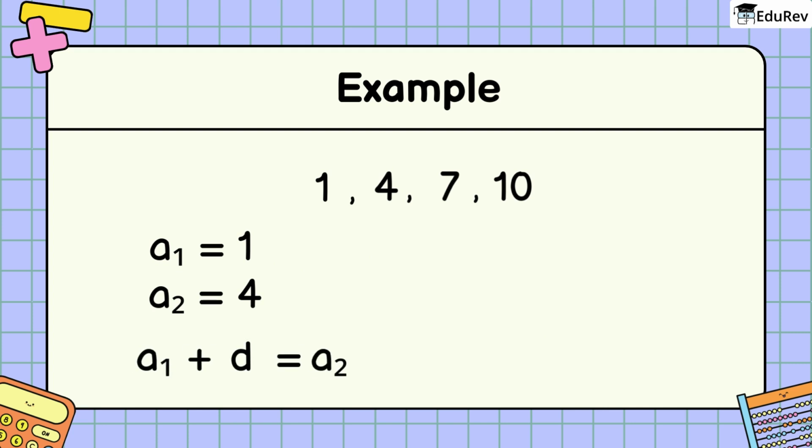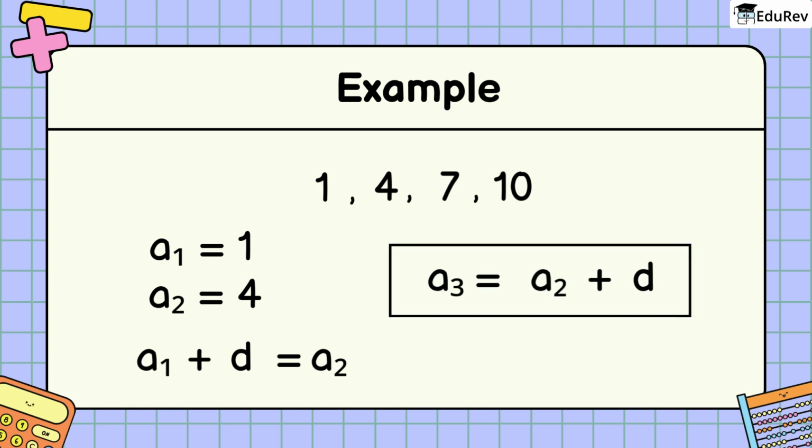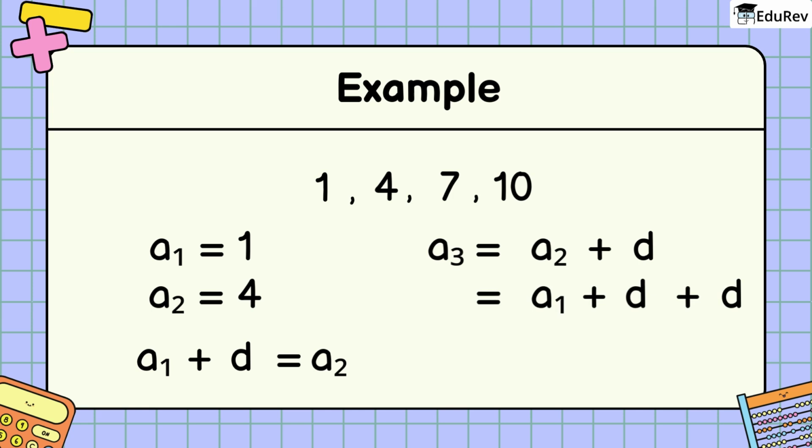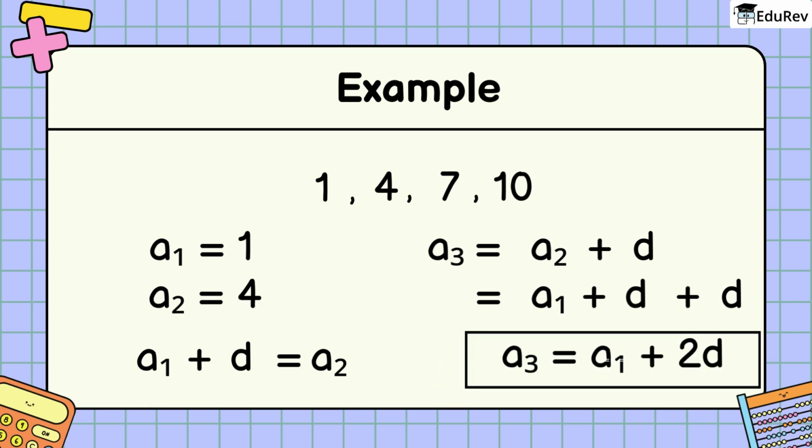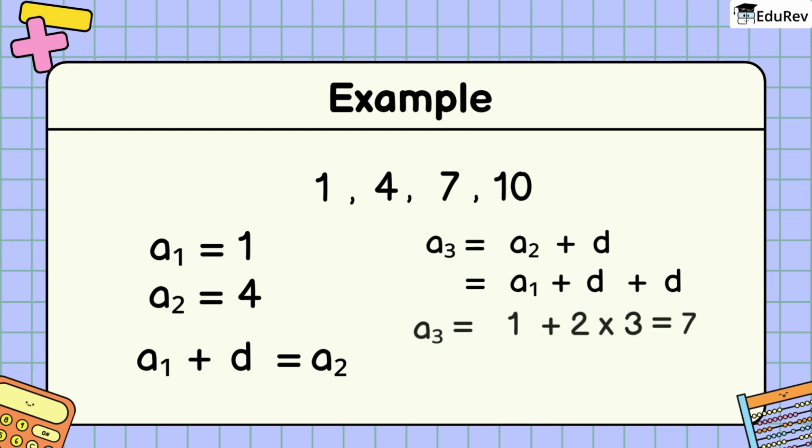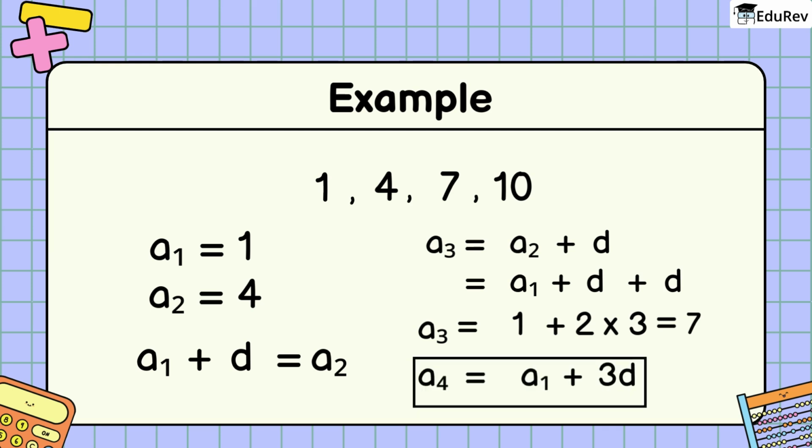Now, if we want to find the third term, we can use the formula A3 is equal to A2 plus d, which is equal to A1 plus d plus d, which is further equal to A1 plus 2d. So, A3 is equal to 1 plus 2 times 3 is equal to 7. Similarly, we can also find A4 in the same way.